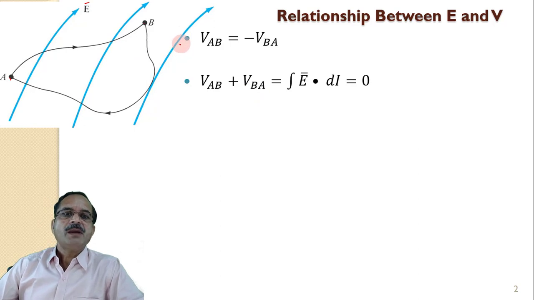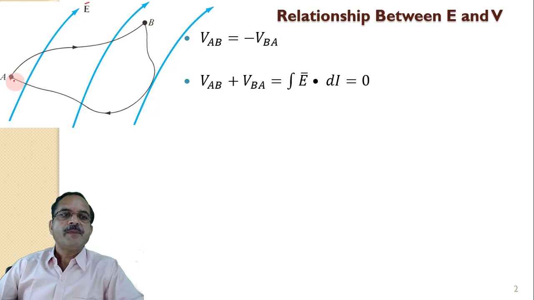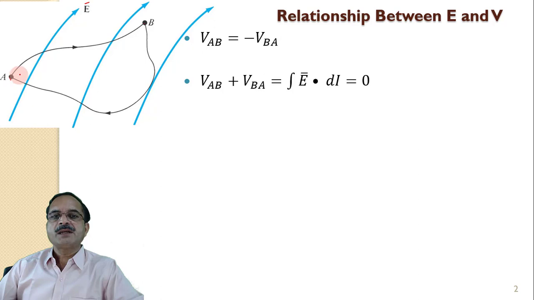Now VAB means the potential when I am moving a charge from point A to point B. VBA is the potential when I am moving a charge from point B to A. So if I add these two, A to B plus B to A, I come to the same point. This means there is no movement of the charge, because of this, the potential is zero.